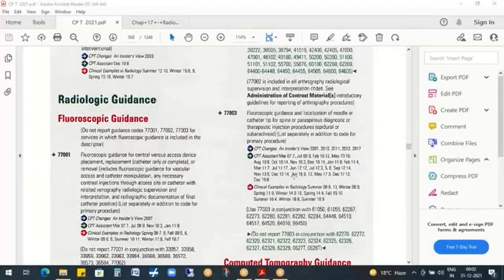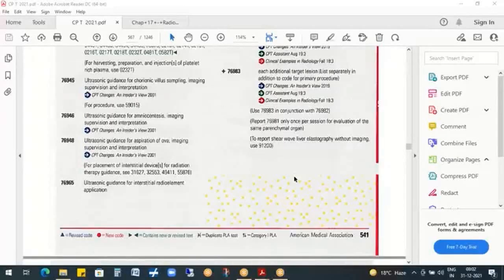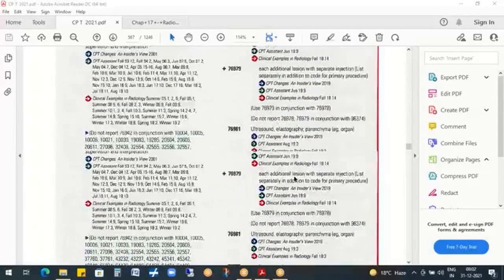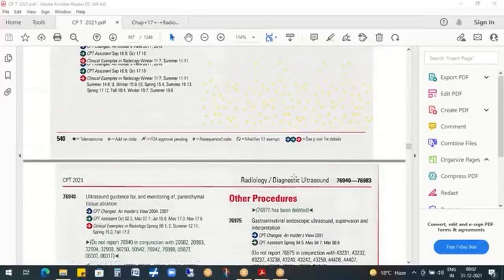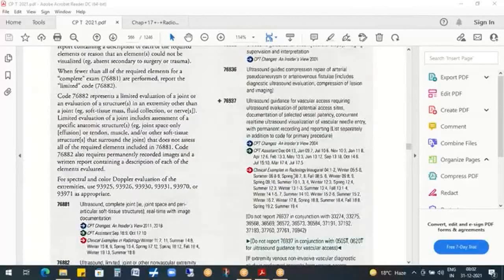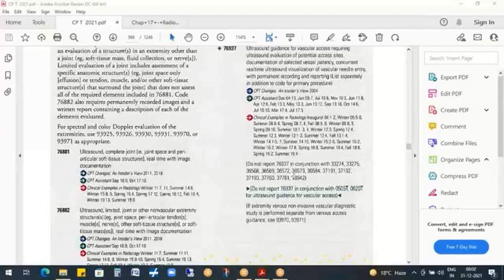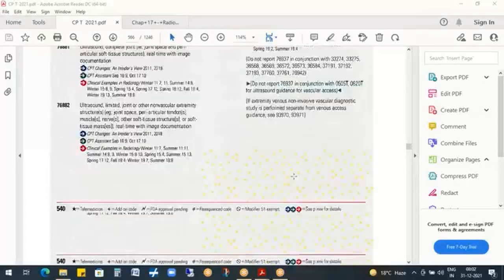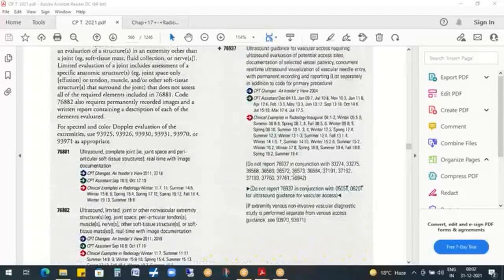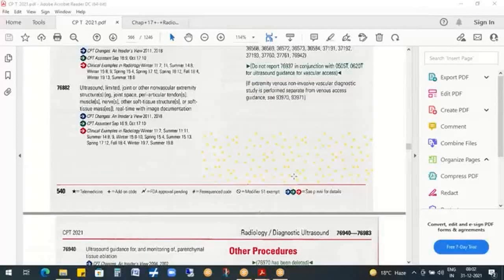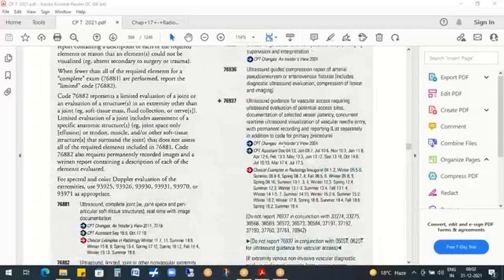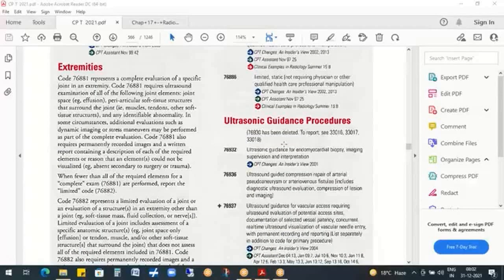Go with the page number 541. Or you can see 540. Page number 540. Do you get page number 540? Yes, sir.